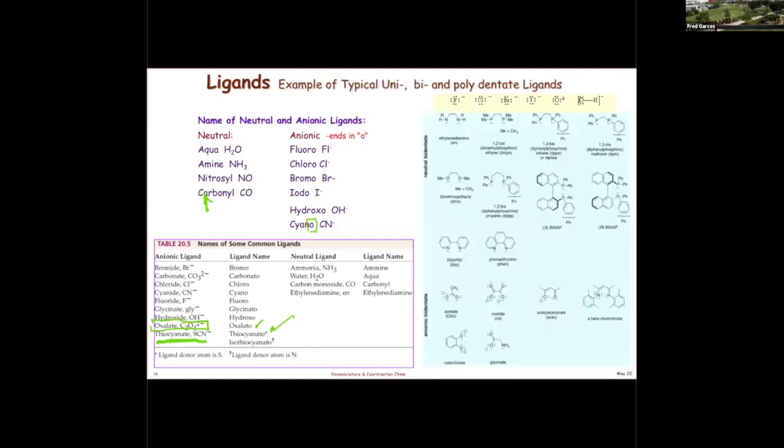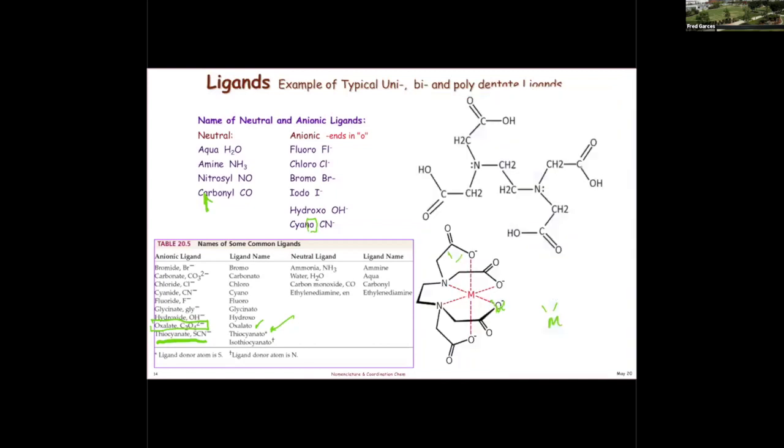These are polydentate ligands, and notice that they have two lone pairs that can wrap themselves around so that they can form a ring when it binds to the metal. So these are polydentate ligands.